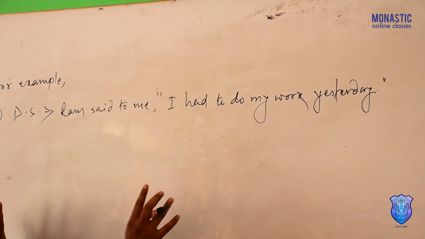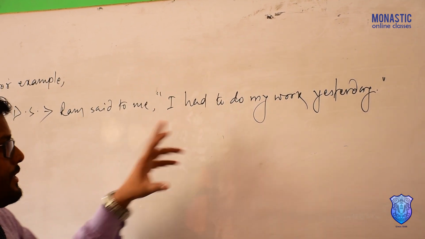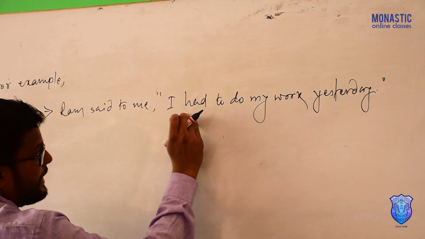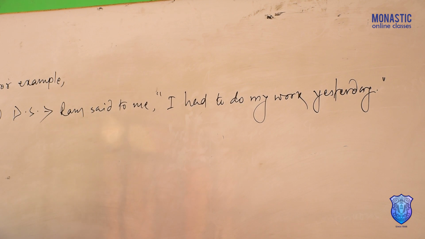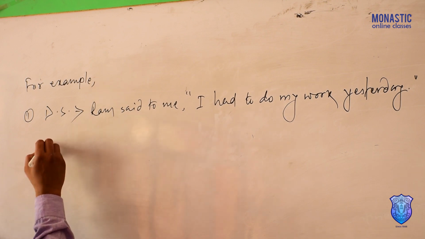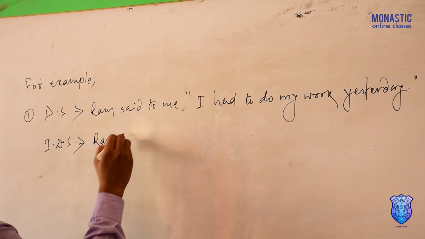And when you go through its simple rule, you can understand that this had is V2, and when you find that in the reported clause of DS, if you find the verb is V2, then we can change it to past perfect tense, and past perfect tense takes had plus V3. And at the moment, you can simply change it into the IDS like this.